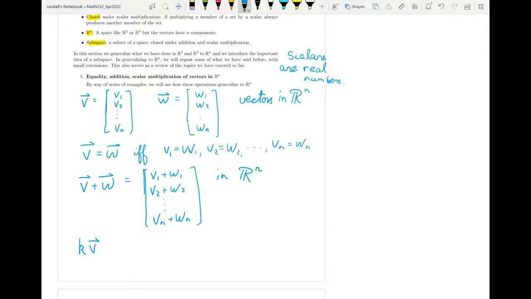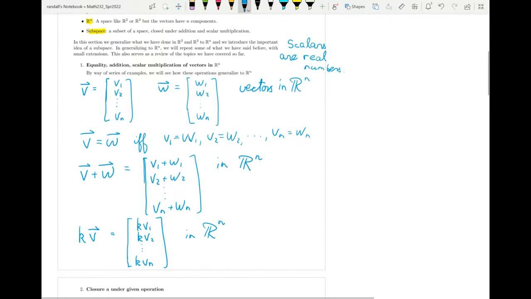It denotes a new vector called kv, and this new vector will be defined by its components again. The first component will be k times v1, the second component k times v2, and down to k times vn. So I've defined another vector in Rn, beginning with a vector v and a scalar k. These are the exact same definitions as we saw in R2 and R3.